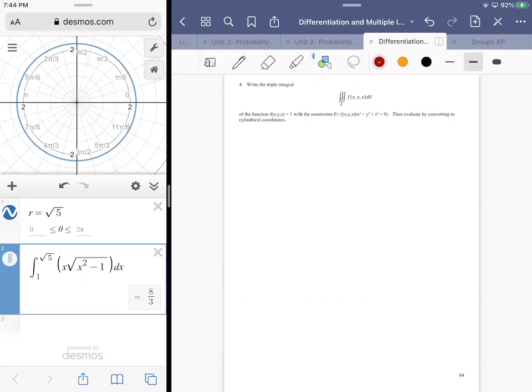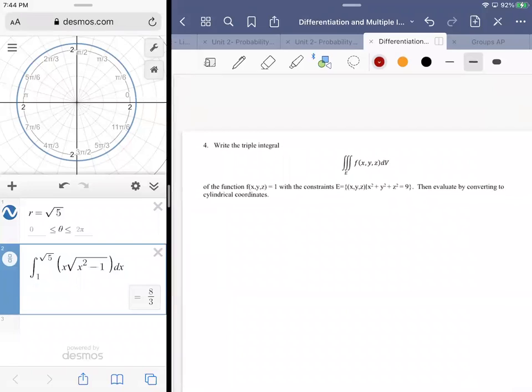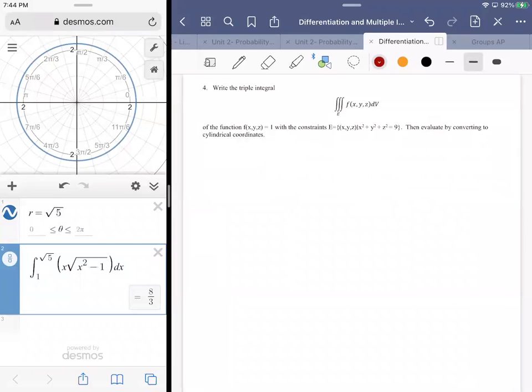Oh, you know what? I think I wanted to just modify it. I just can't remember how.